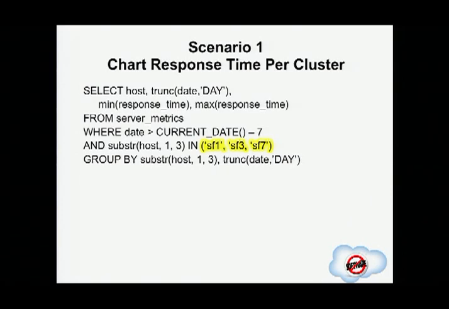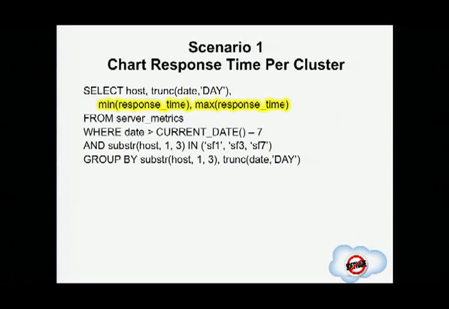And let's say you want to look at a subset of your clusters: the SF1 cluster, the SF3 cluster, and the SF7 cluster. Then finally, you want to group that information by cluster identifier, plus bucketize the times into date bands, essentially. And you want to calculate the min and the max response time.